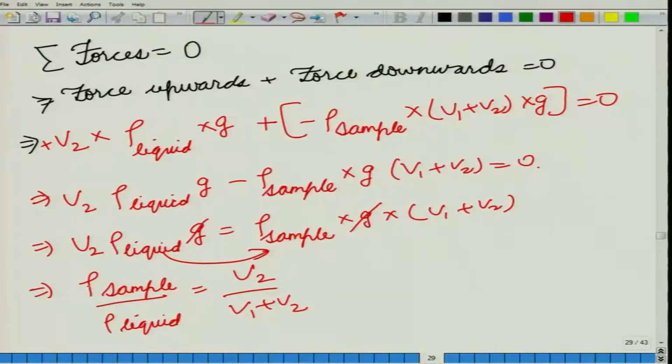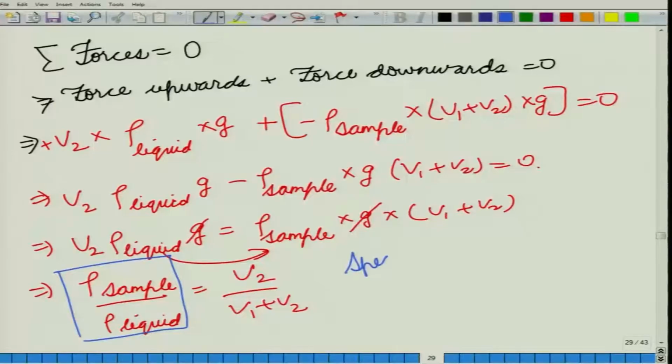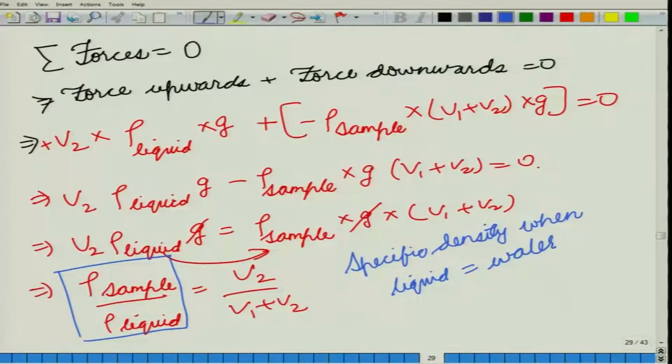Now this portion, the density of a sample divided by the density of the liquid, when we consider the liquid to be water, is also known as the specific density. So we have the specific density, when we are using liquid as water, equal to V2 upon V1 plus V2.